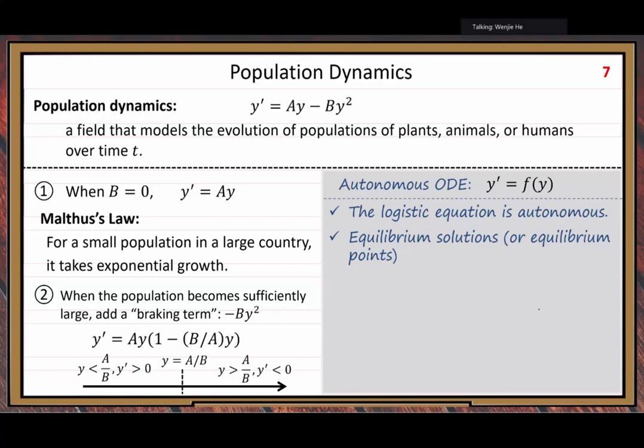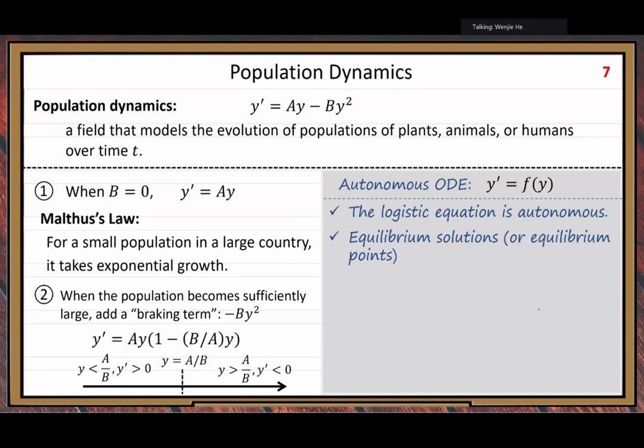This side is 0, so y prime is 0. So when y is a 0 function, then the population: if at the beginning y is 0, then the population is always 0, right? So that's one of the equilibrium points, because there is no change.